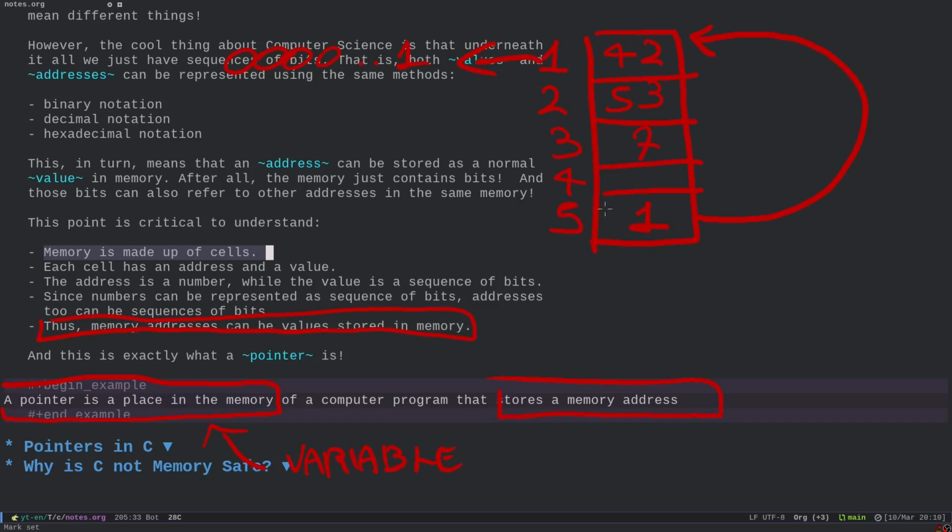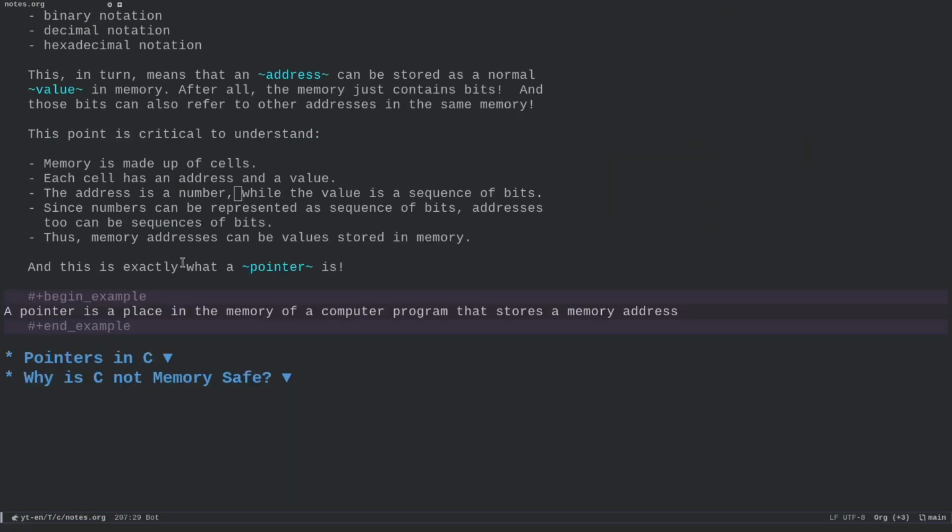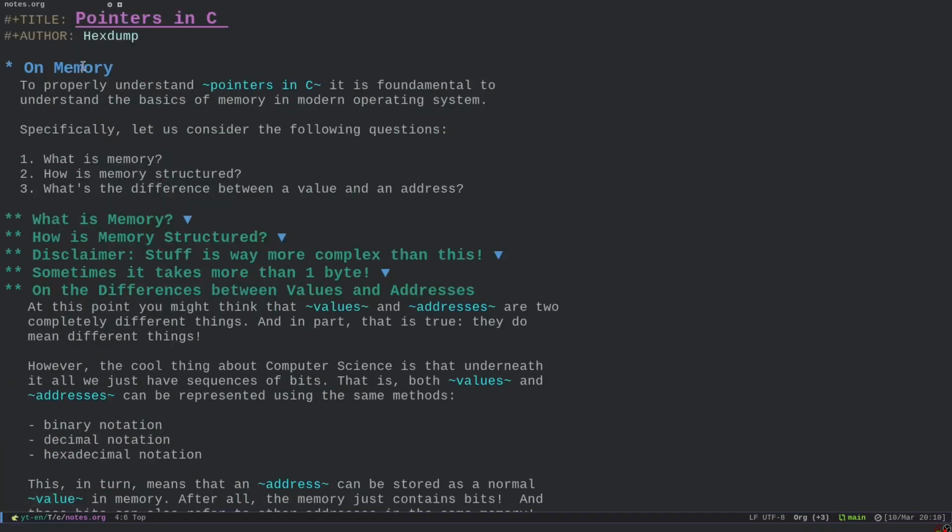But as we said, typically pointers are longer than 1 byte, so we might need more cells to store a pointer. But basically the idea is that the pointer, taken as a single value, can point to a different portion of the memory. And with this, we cover the fundamental ideas on memory.